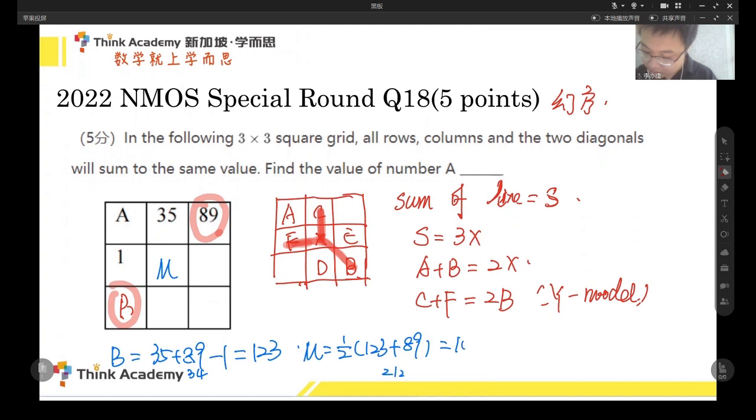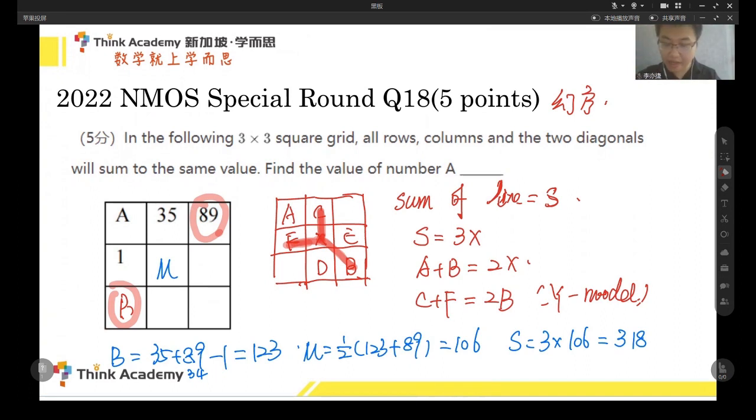So it's 106, right? So M is 106. And if we get the median number, we should get the sum of the line, S, to be 3 times 106, so 318. Then we know the sum of the line.